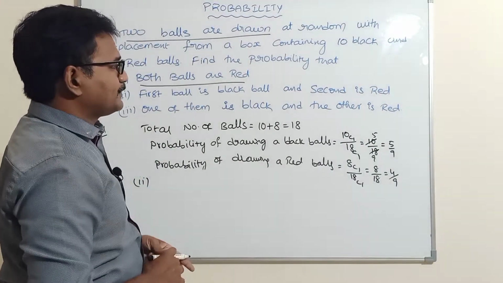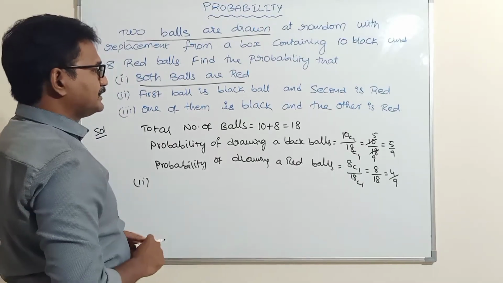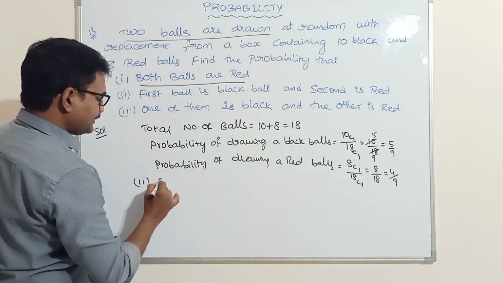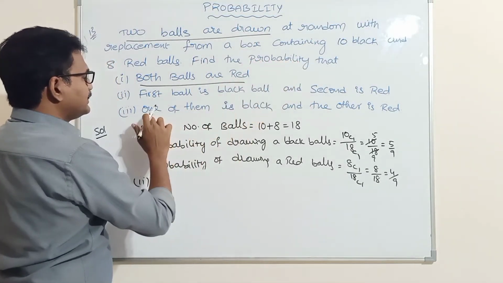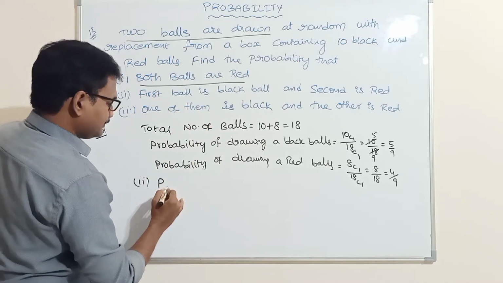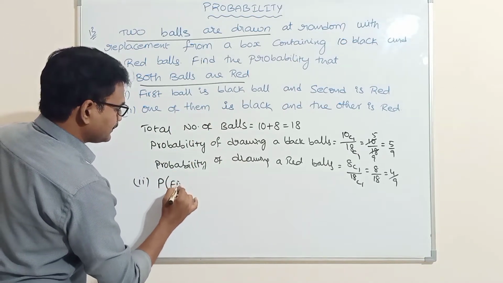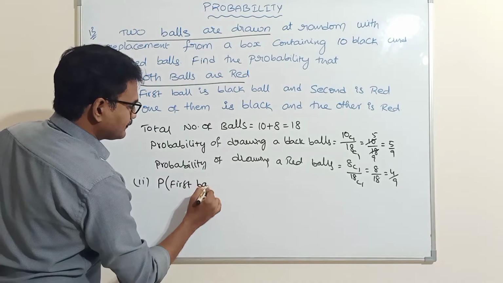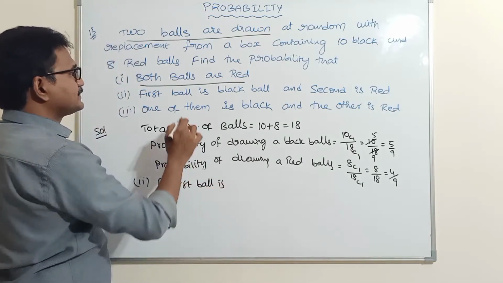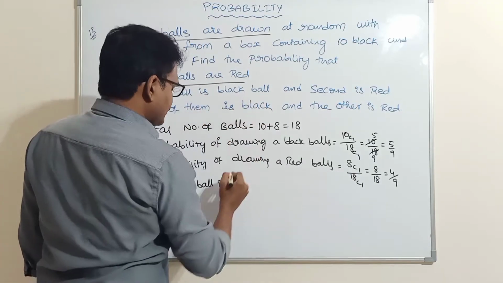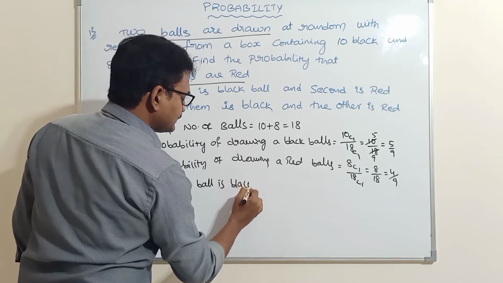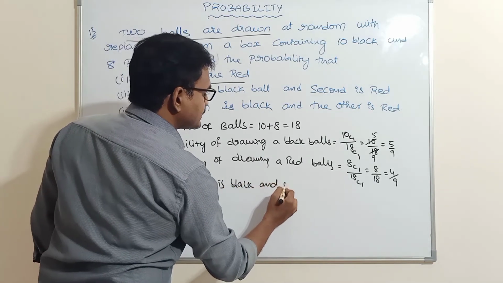Next, the first ball is a black ball and the second ball is red. Probability that the first ball is black and the second is red.